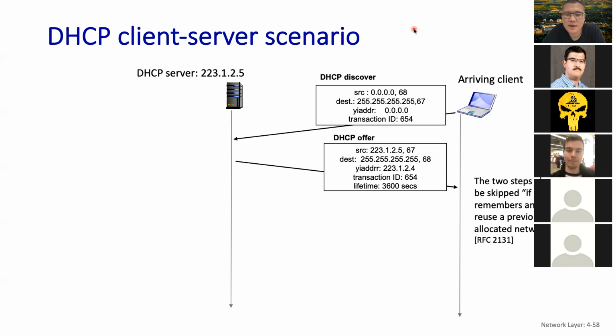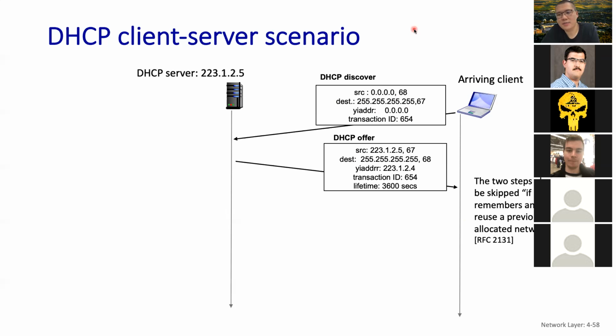And the two steps above can be skipped if a client remembers and wishes to use the previously allocated IP address. As I mentioned, if you were previously a member of the group, you don't want to waste time saying hello to the group leader. You know that there is a group leader here, like a DHCP server.